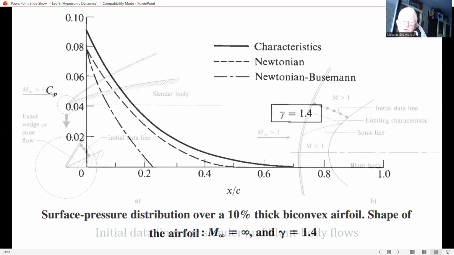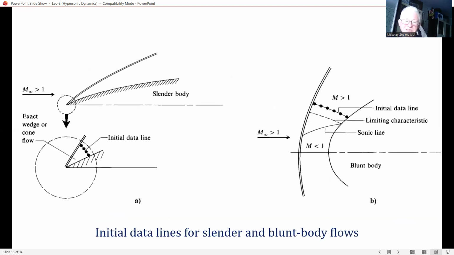First, the method must be started from an initial data line that lies totally within the supersonic portion of the flow and should be downstream of the limiting characteristics. The flow properties on this initial data line must be obtained from another independent calculation. The usual methods of obtaining such initial data are as follows.